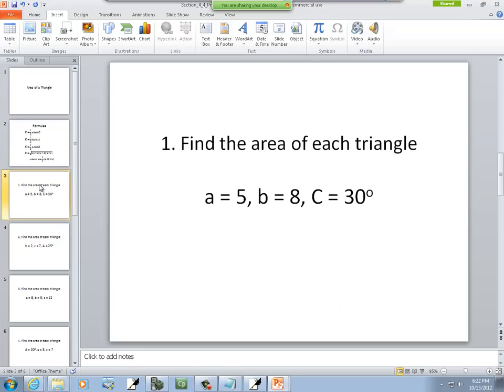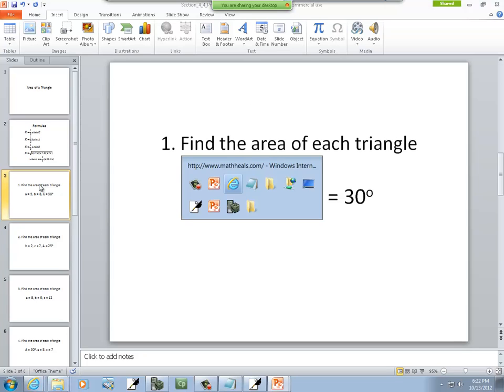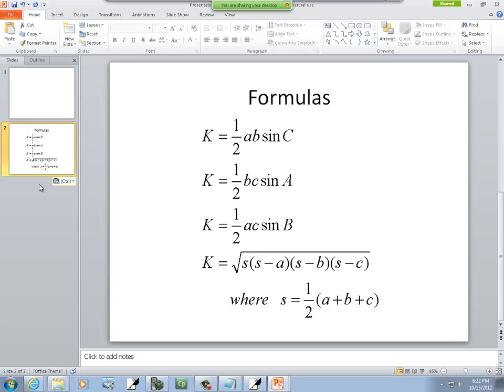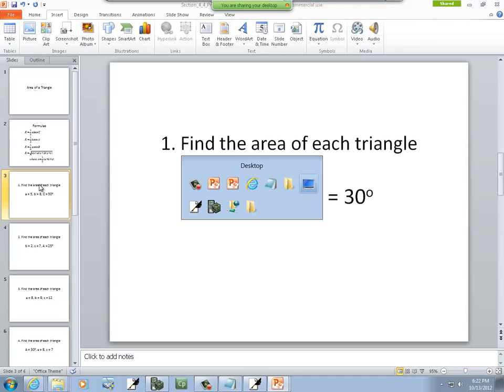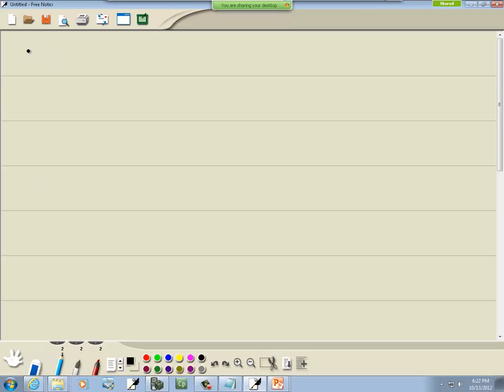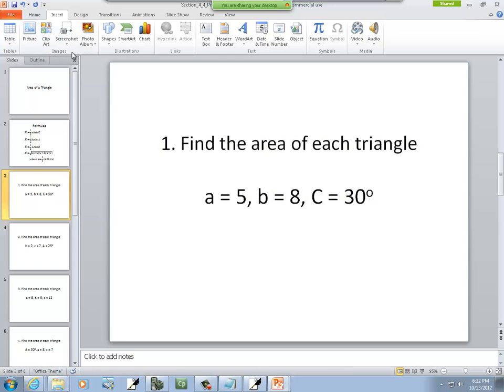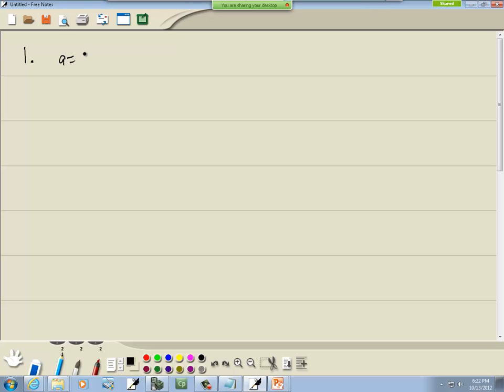Let's take a look at some problems. So we've got A is equal to 5, and B is equal to 8, and C is equal to 30 degrees. So we know the angle and then the two sides around it.